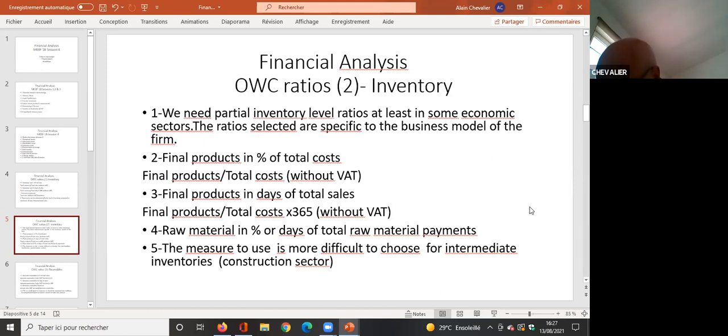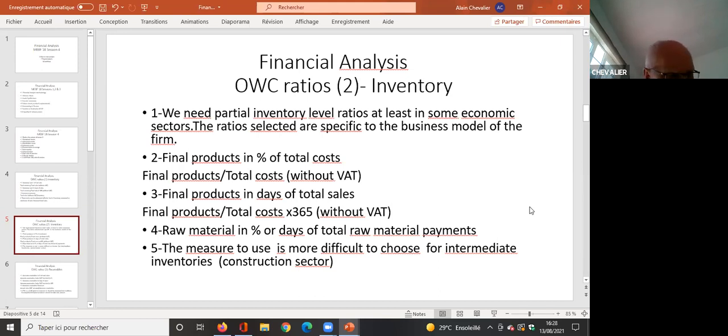This is particularly important in some economic sectors. It is what is written here on point 1. One, and I already said that, I think, if I remember. This is really important, for example, in an economic sector like the construction sector, and it is mentioned here again in point 5. Why? Because inventories in many construction firms is about 50% of the total of the balance sheet.